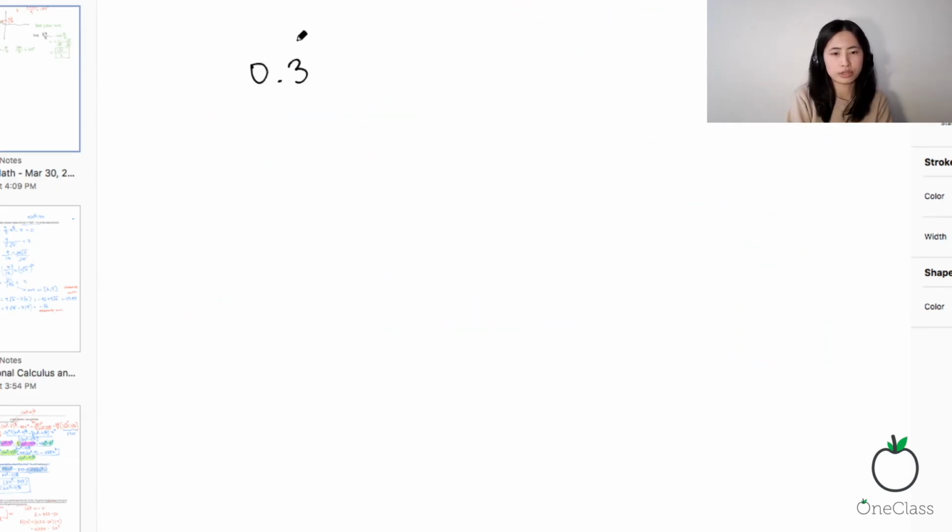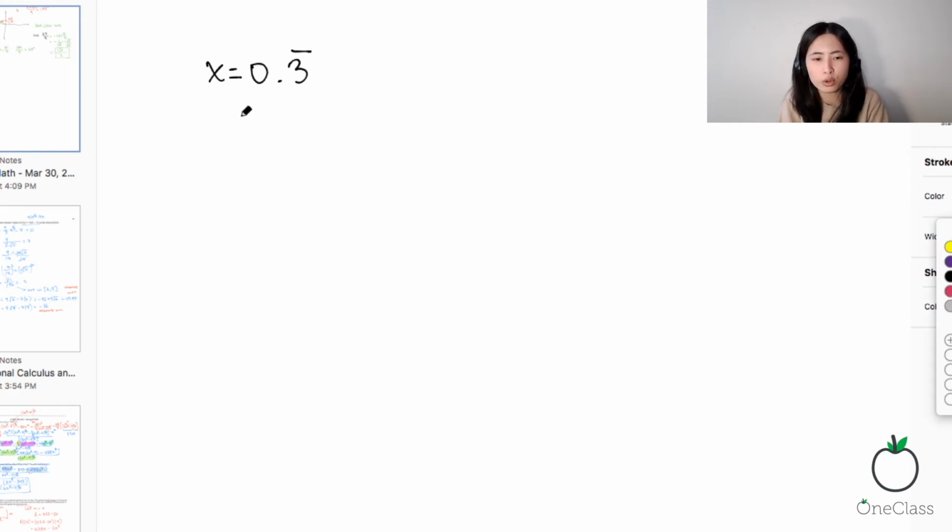So this is 0.3, right? Make sure you have that bar symbol because you're saying that 3 is repeating. The reason they're saying this is x, let's write that: x is equal to 0.3 repeating. Then they multiply the whole thing by 10.